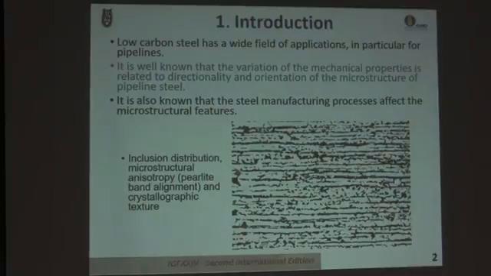Also, the steel manufacturing process affects the microstructure features. Things like inclusion distribution, microstructural anisotropy, like particle band alignment, and crystallographic texture could affect the mechanical behavior.